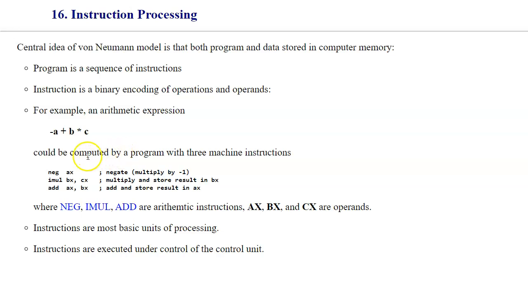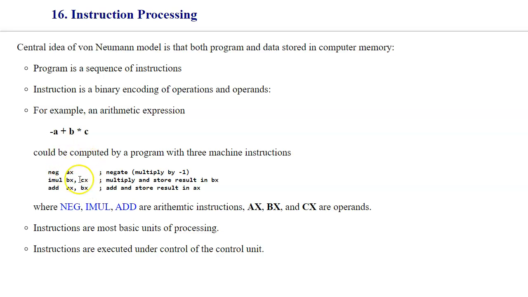So this could potentially be written as a series of machine instructions using IBM PC assembly syntax. You can see that variables A, B, and C are represented by CPU registers AX, BX, and CX. And here we use examples of instructions that negate the value in AX, multiply BX by CX, and store the result again in register BX, and then add AX and BX.